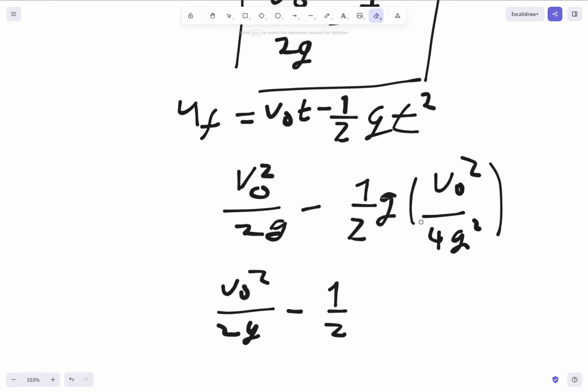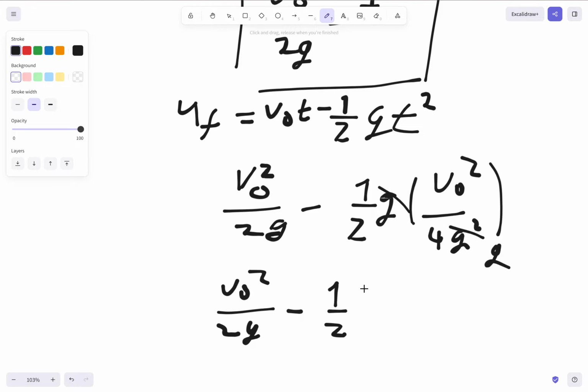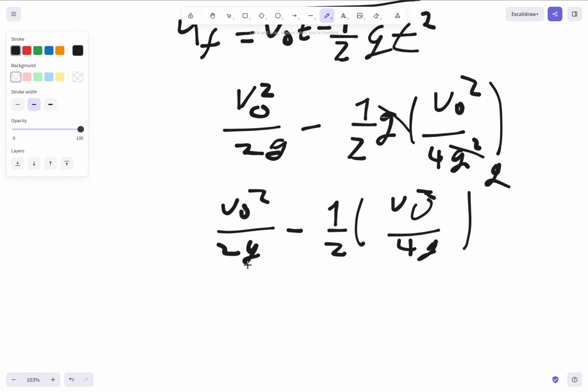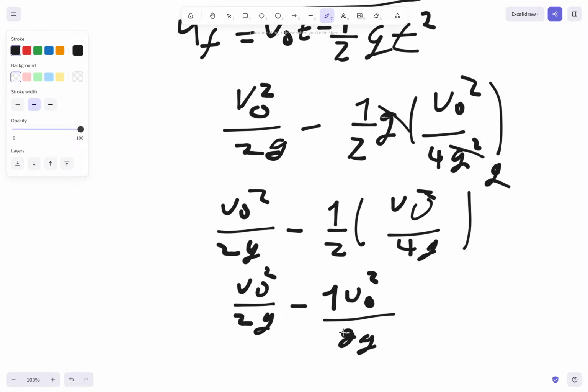The G's cancel here, and this is just left with 1 half V O squared all over 4G. So what are we left with? V O squared all over 2G minus V O squared all over 8G. And if you do 4, 8, that's 3 V O squared all over 8G.